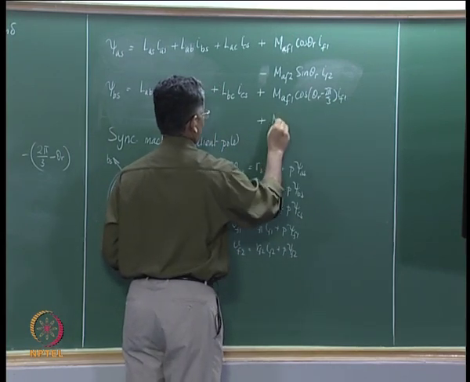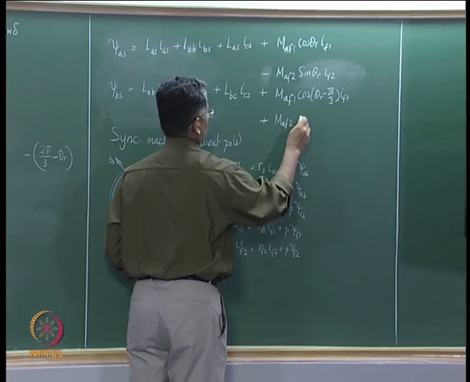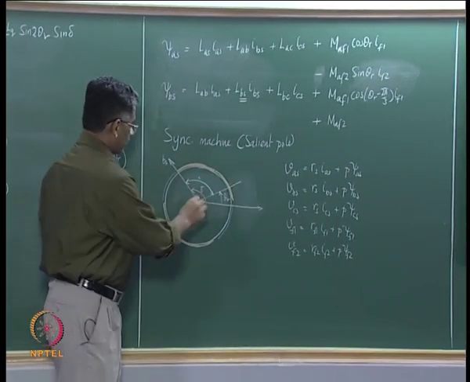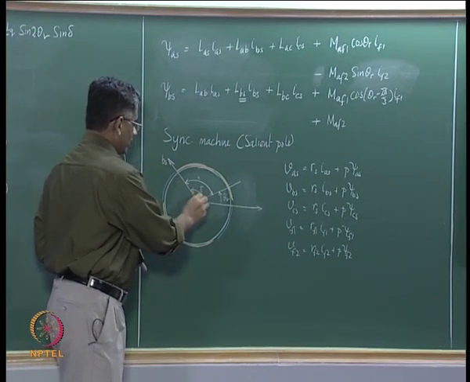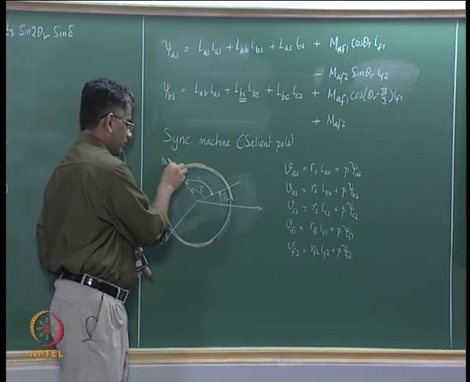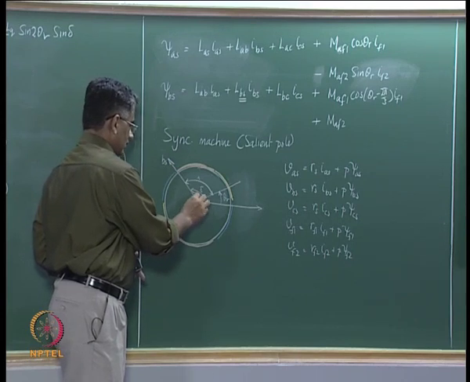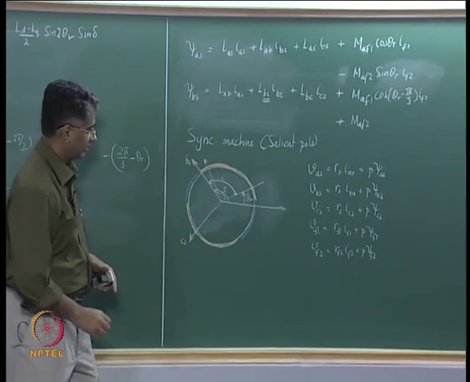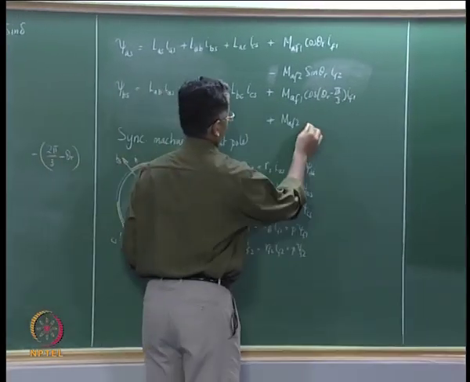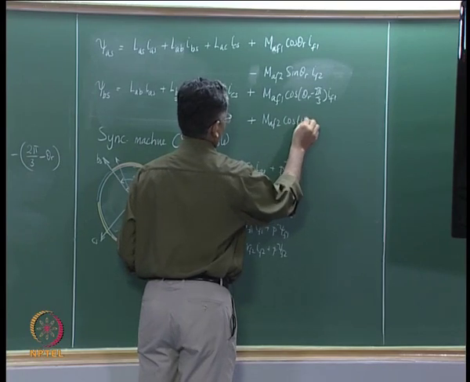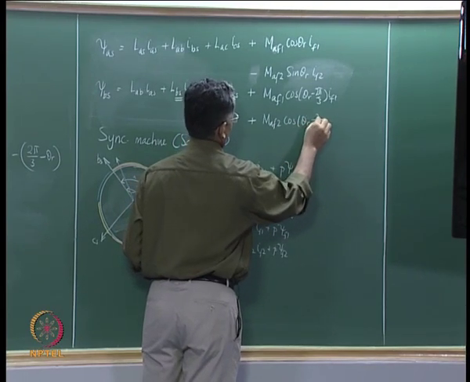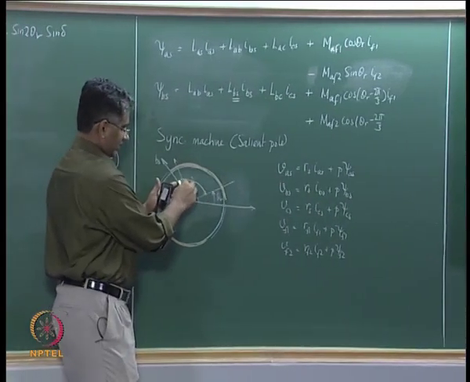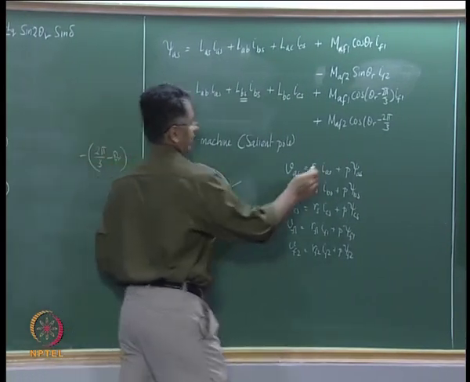and then you would have MAF2 multiplied by, MAF2 would be the mutual inductance between the B phase and the coil here, this angle being 90 degrees, and therefore that would be cos of theta r minus 2 pi by 3, that is this angle minus 90 degrees.